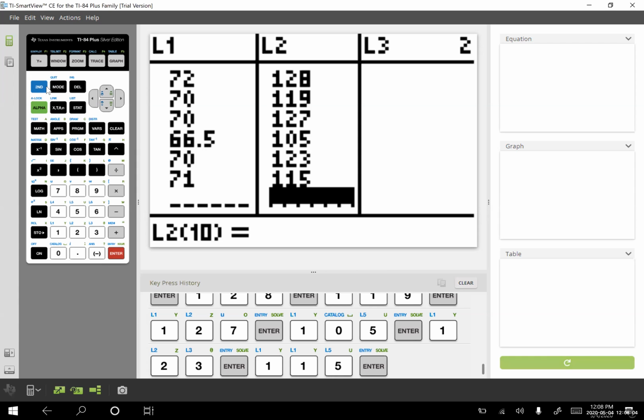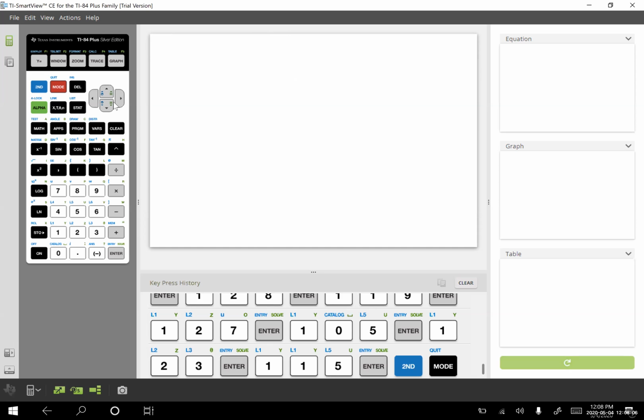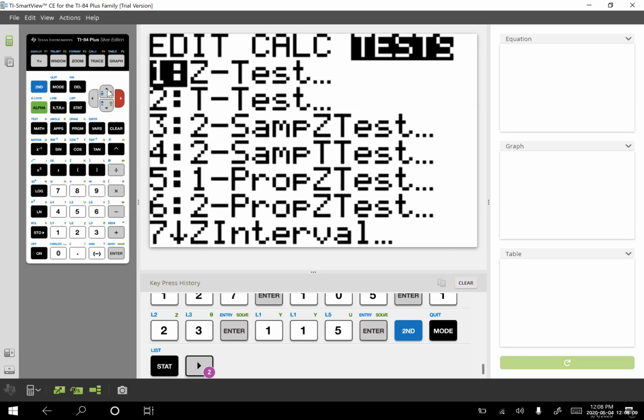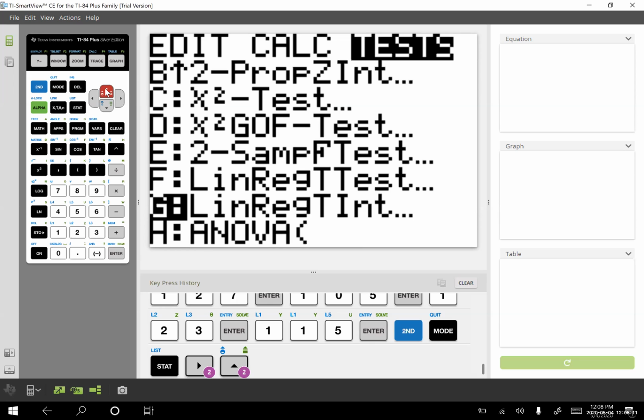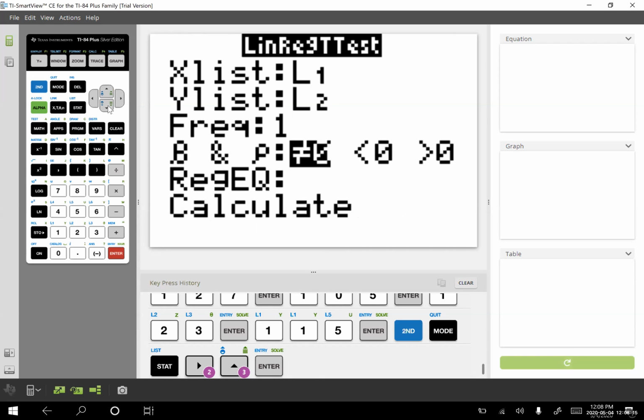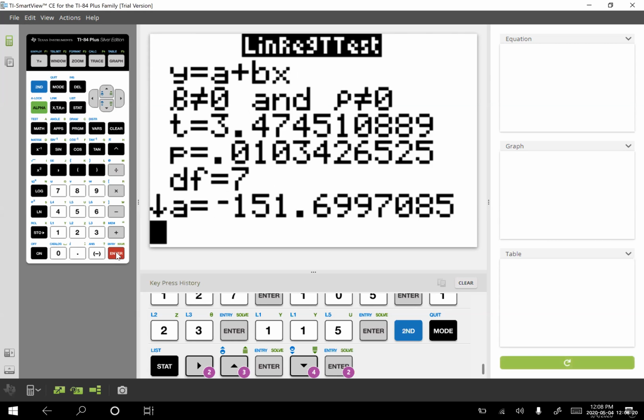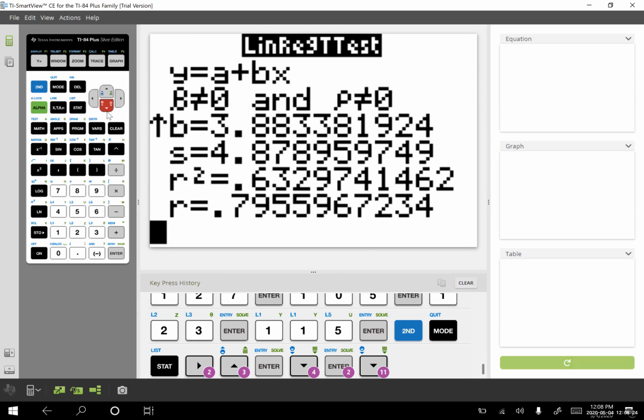So now we can quit, we can get out of here. Now we can go into stat test, and we're going to go to Linear Regression T-Test, right? So I'm going to hit enter, and we're going to do just like before. We're going to calculate, and then we're going to scroll down to our R and our R squared. Okay, so it says that R is 0.7955, so we could do 0.796, and it says R squared is 0.633-ish, give or take.